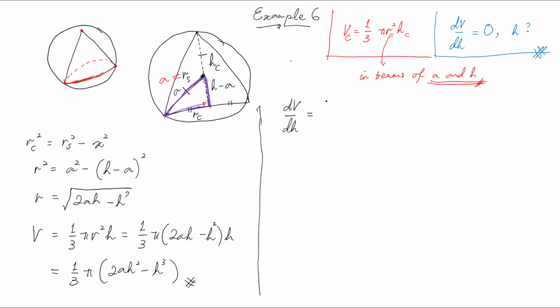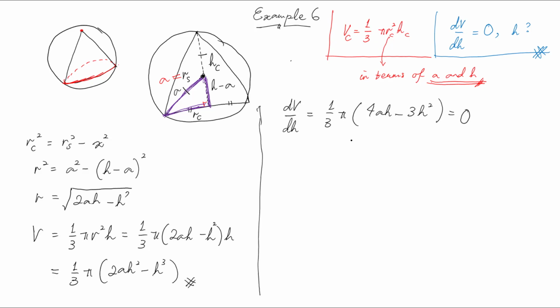We can do this differentiation pretty swiftly. You will get 1 over 3 pi, and then this one will become 4AH minus 3H square equals to 0. Equals to 0 is because of the concept you would like to have maximum volume.